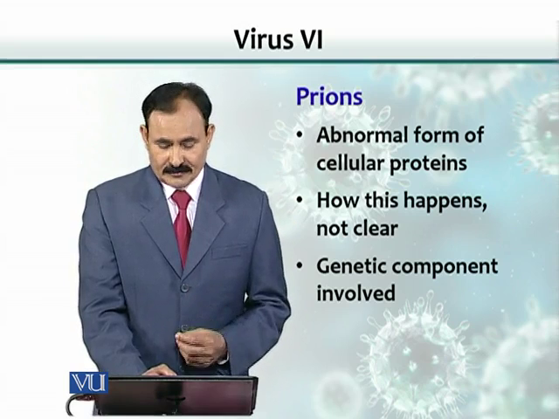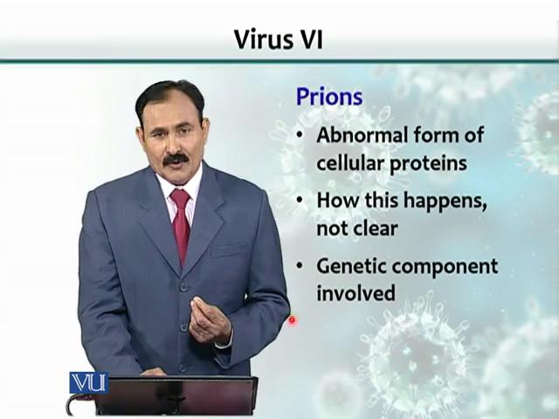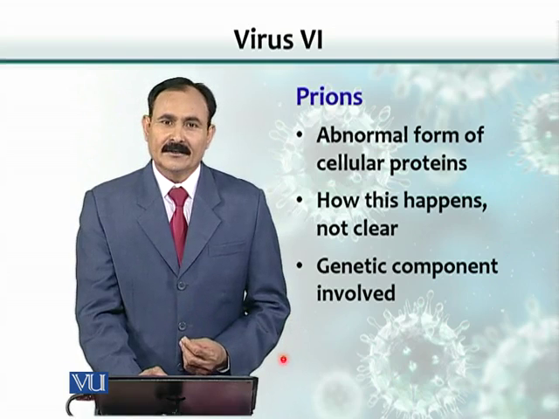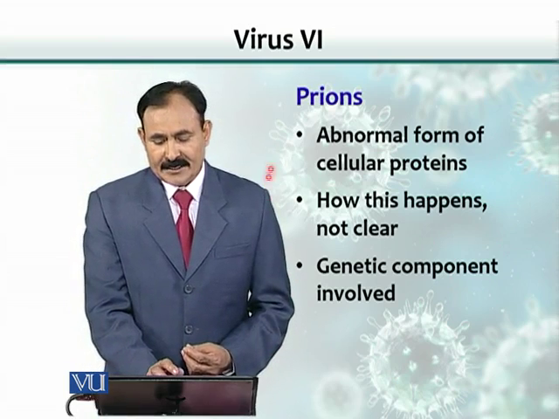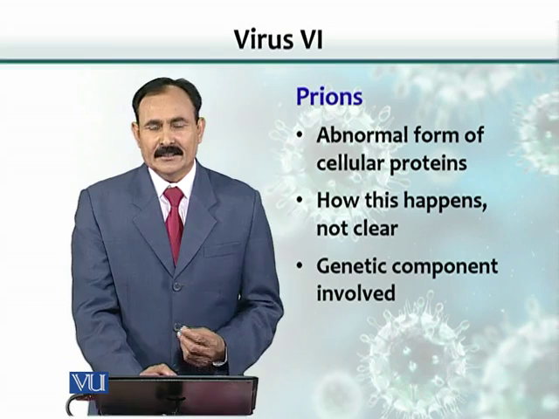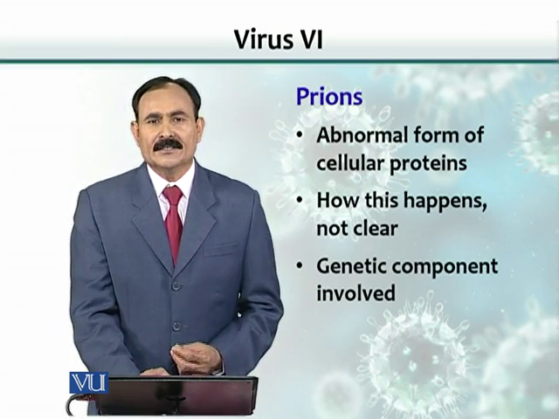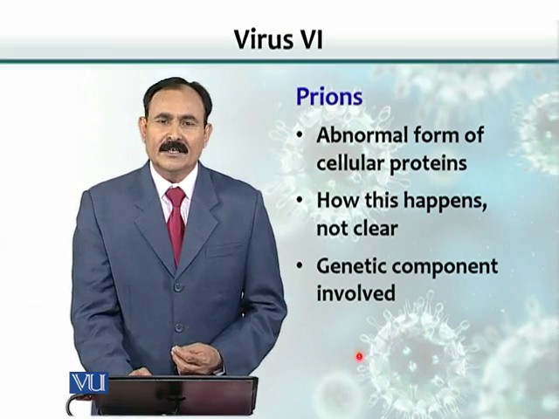There are theories though. But one thing is known, that genetics plays a very important part in creating those abnormal proteins. So those individuals that develop these prion-related diseases, individual means humans or animals, they have a genetic component involved.